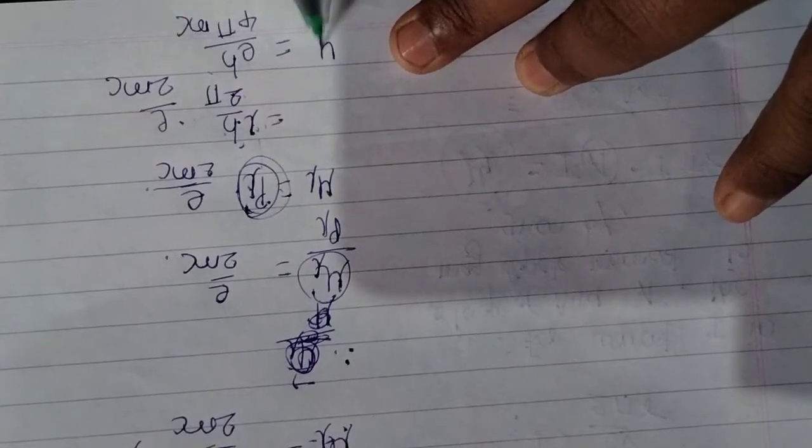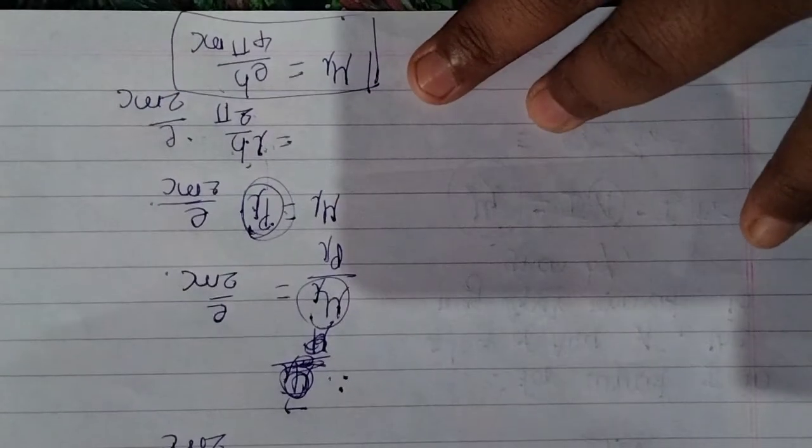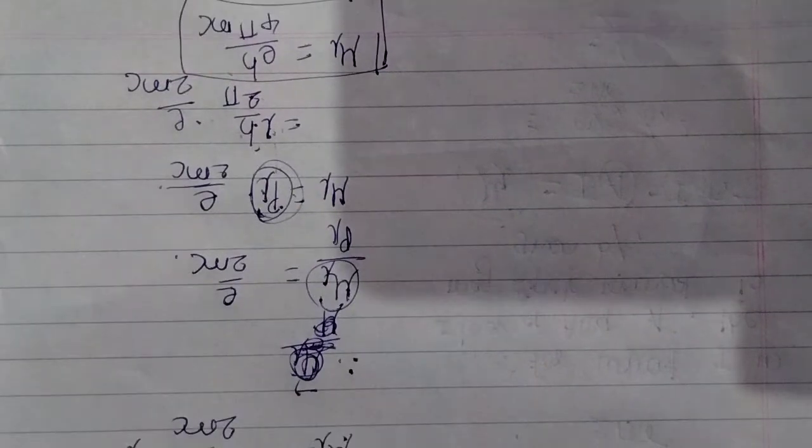This is the magnitude of the magnetic dipole moment according to the Bohr second postulate.